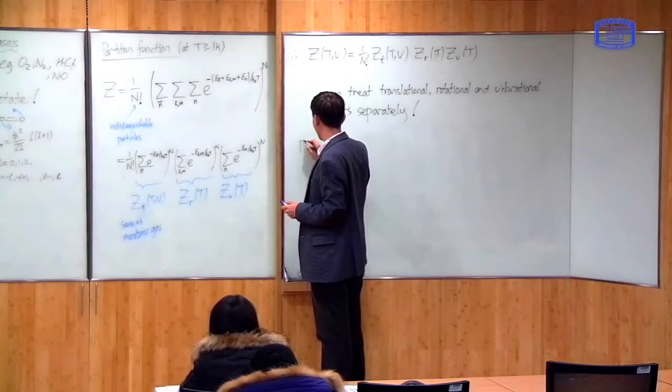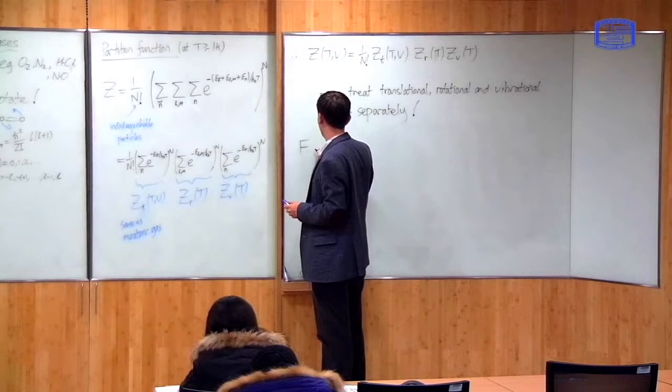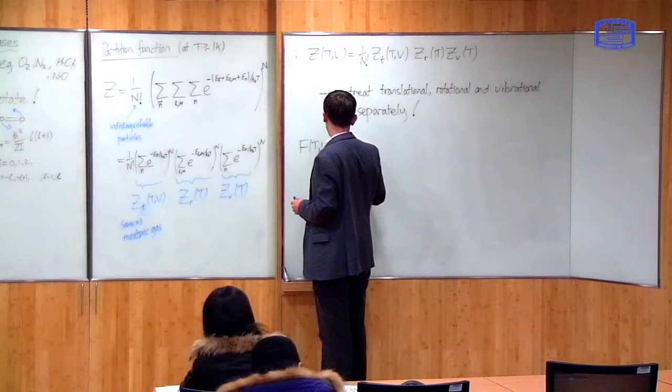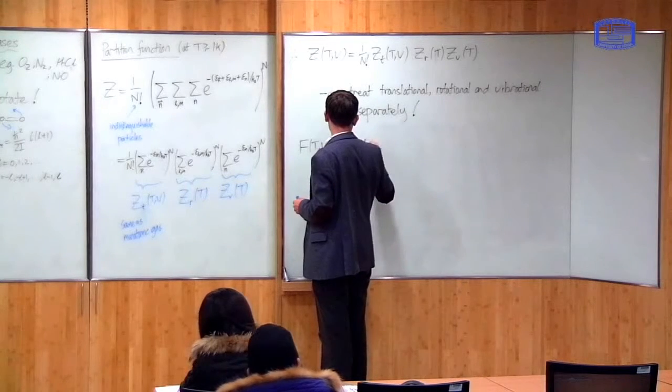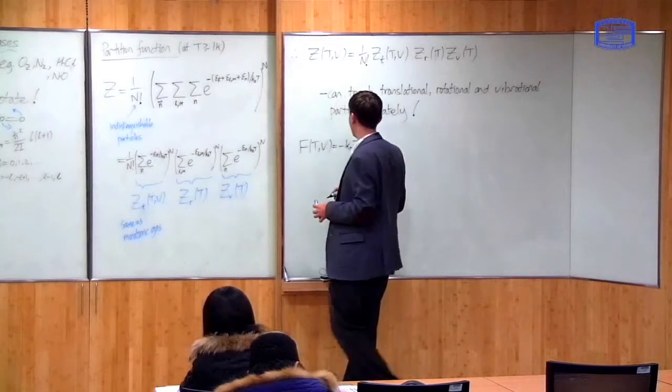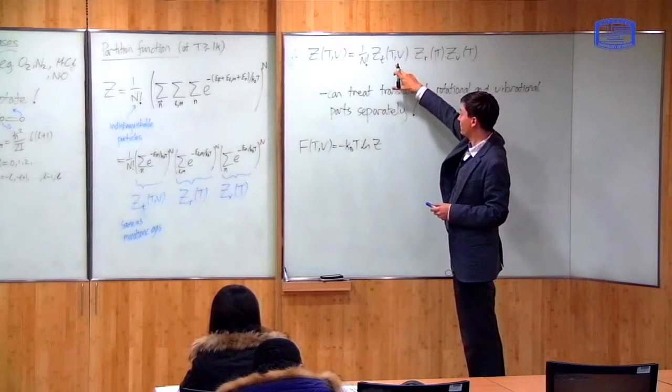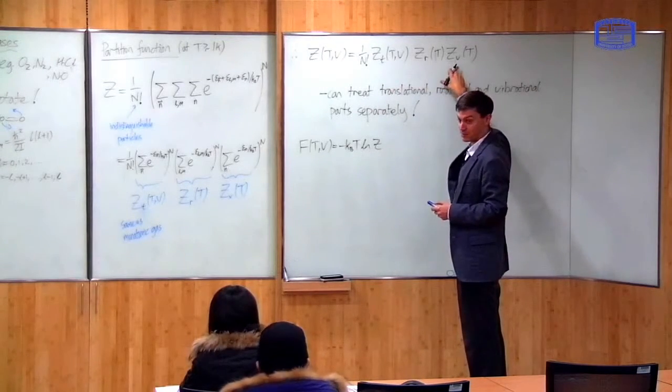Okay. So for example, F, T and V, this is defined as minus kBT times the log of Z. Now if I take the log, then the product becomes a sum. Okay?